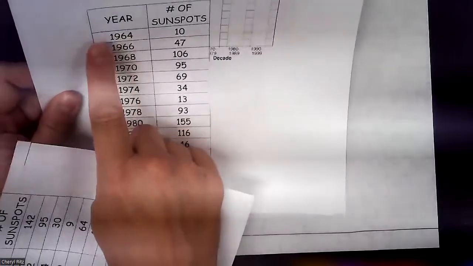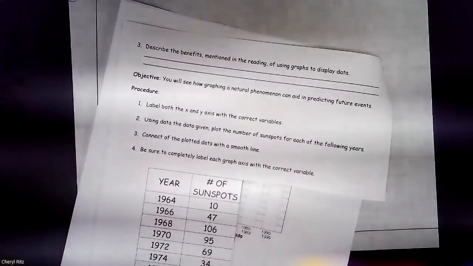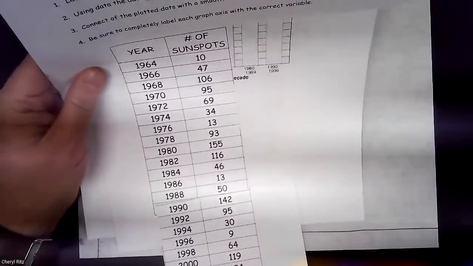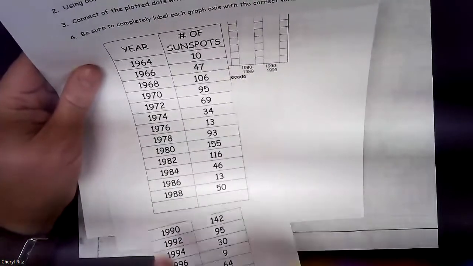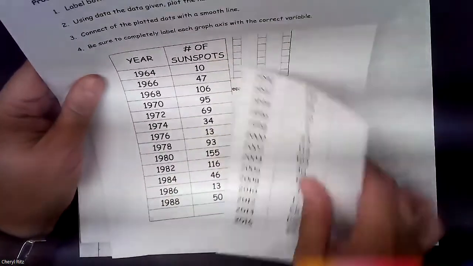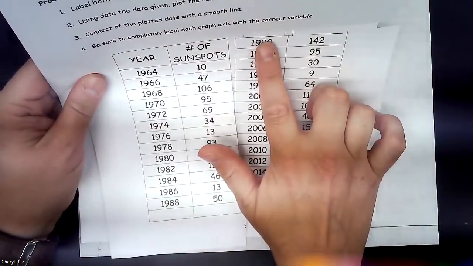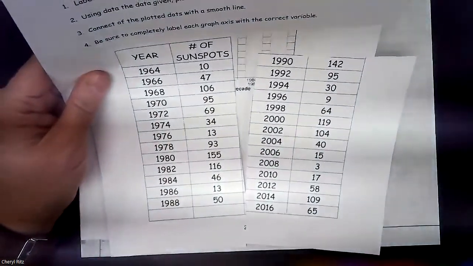What this really should be, and no, you're not doing this, I'm just showing you, is there's years 64 through 88. Here's 90. There's the rest. So it really should just be one really long data table. So when you get to 88, you're going to come up here and start over again at 1990. Does that make sense?